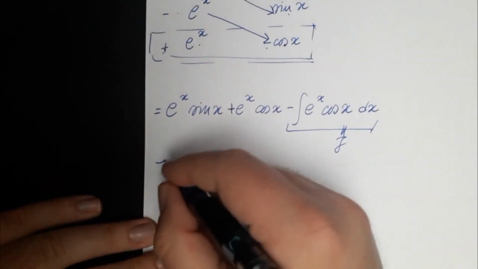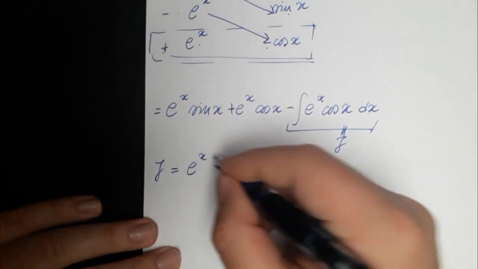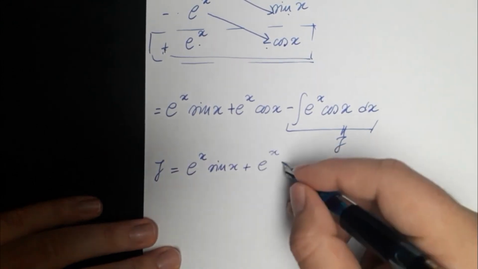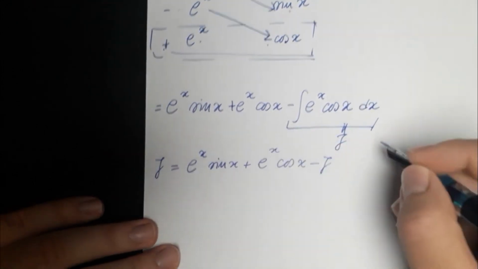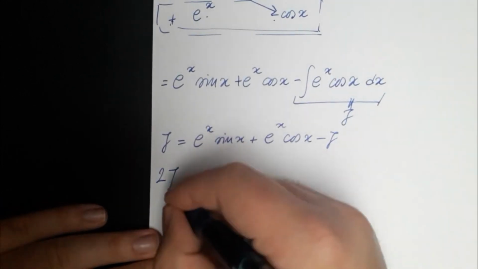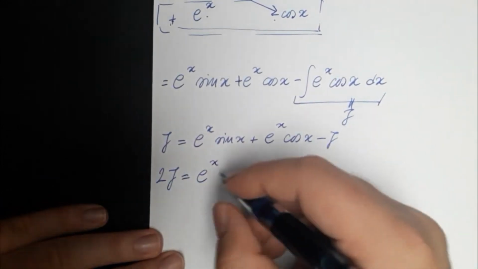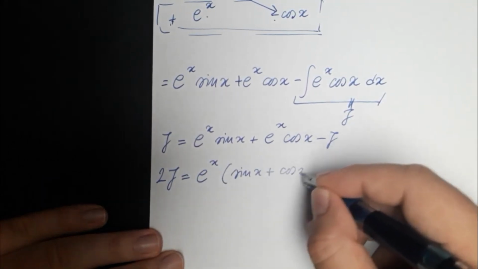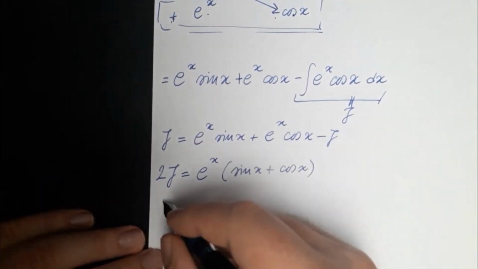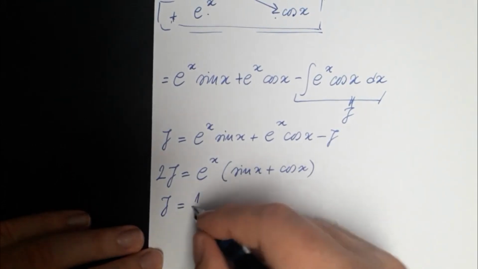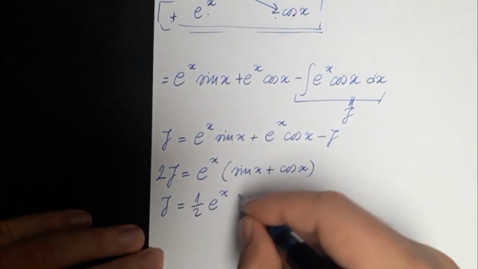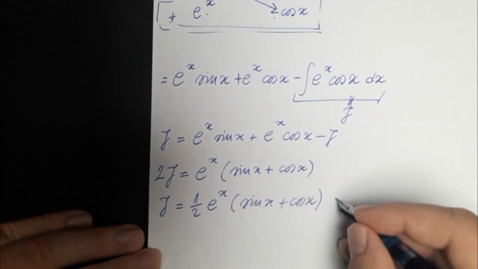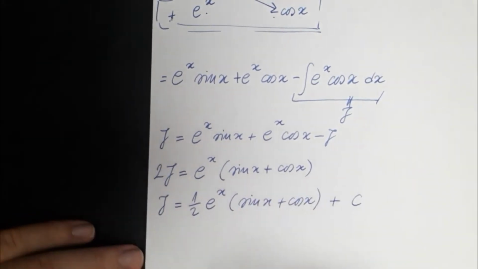So we have that I is equal to e to the power x sine x plus e to the power x cosine x minus I, and that is going to give us 2I equal to e to the power x times sine x plus cosine x. So I is going to be 1/2 e to the power x times sine x plus cosine x, and of course that constant c.